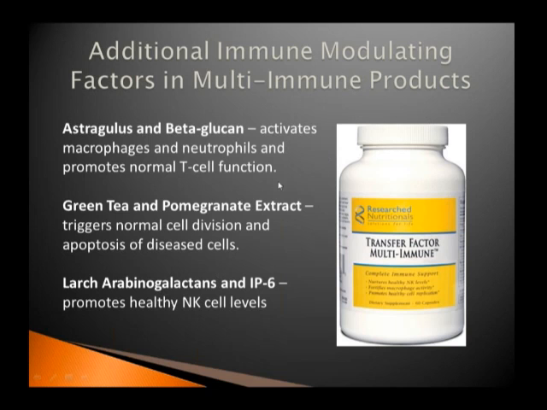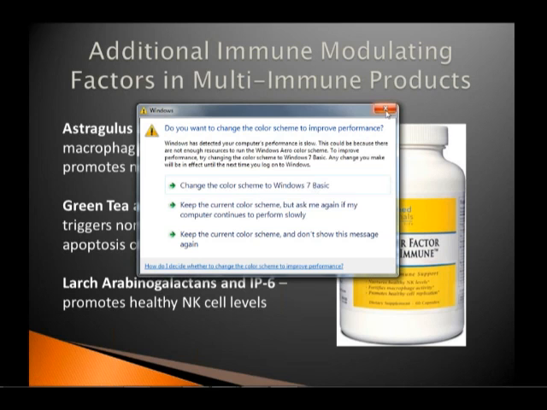Okay. A couple of the things that come through the transfer factor products from a company like Research Nutritionals are a few other things that you can consider as maybe other remedies that could be helpful for immune function. Astragalus and something called beta-glucan are different natural remedies that help the immune cells go after viruses.